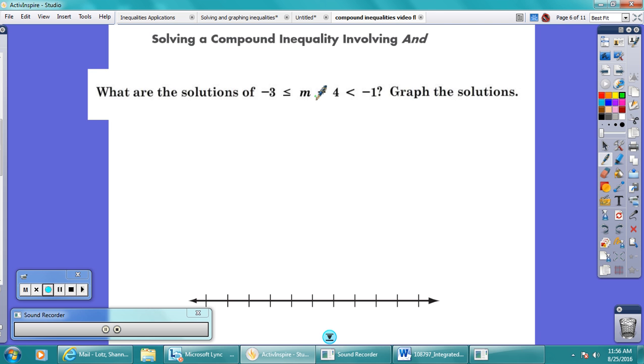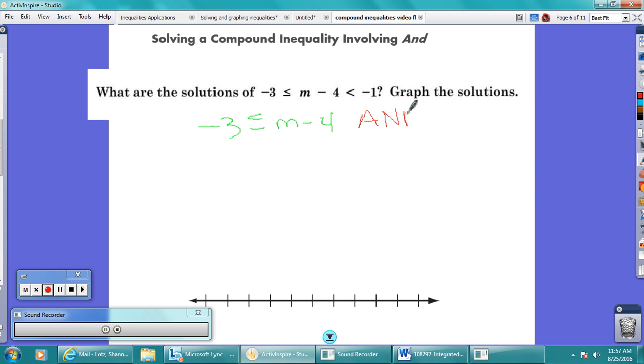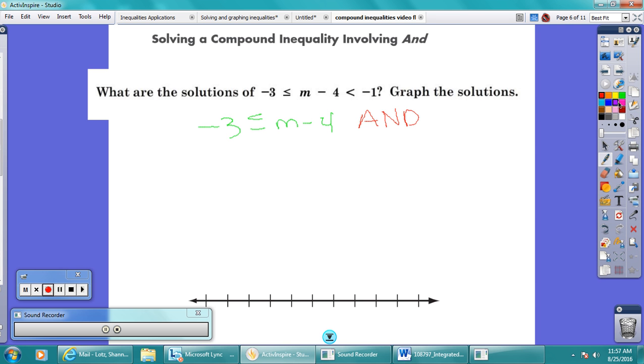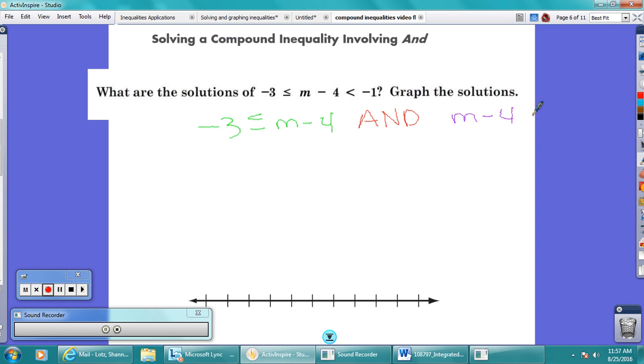There are two ways that you can solve for this. The first way, write them as separate inequalities. You see that?